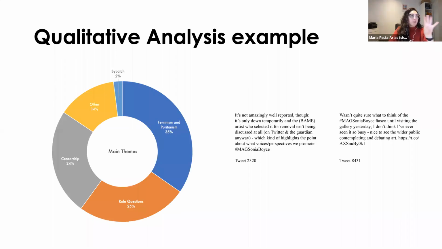So again, this is from the same research that I mentioned earlier. And because it has so many tweets, thousands of tweets, I decided to use NVivo to thematically code the tweets that I collected. So this means that I went through the content of each post and I coded the post according to the themes that were emerging from the conversation, because this was in relation to the methodological framework I had set for myself.